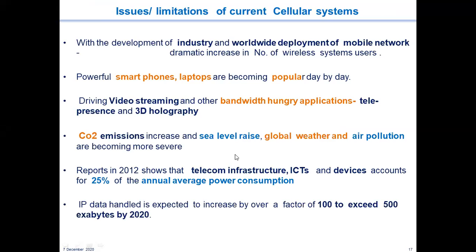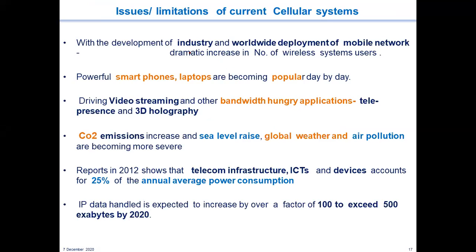And what is the need for the development of 5G technology? These are the reasons why the whole world is looking for a new green communication technology, that is 5G. There is an urgent need to develop a mobile communication technology, what is called the green revolution technology.